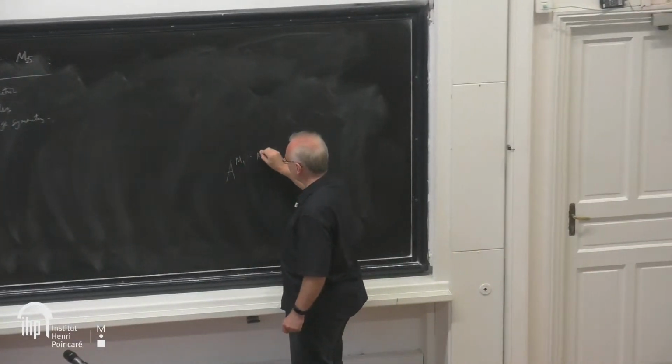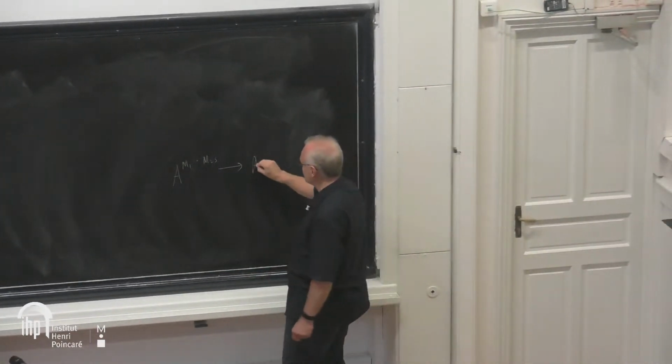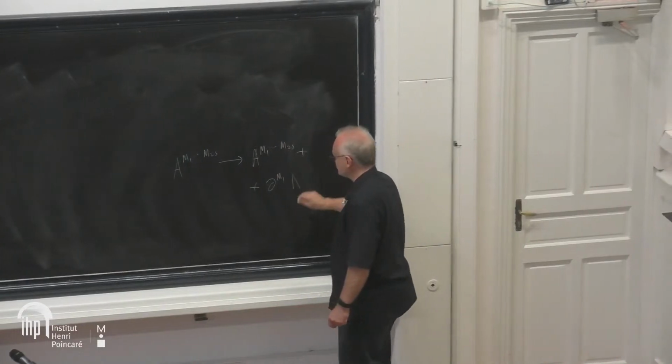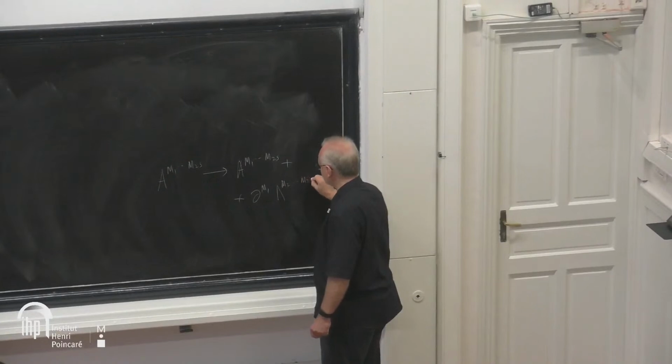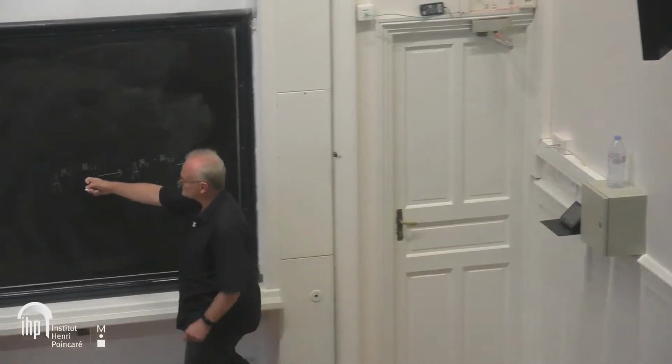I can tell you what the form of the gauge symmetry is. A M1 up to M2S goes into A M1 up to M2S plus a derivative M1, and here you have some gauge parameter, which itself is a field, up to M2S, and you need to symmetrize in all of these indices because this guy is symmetric.